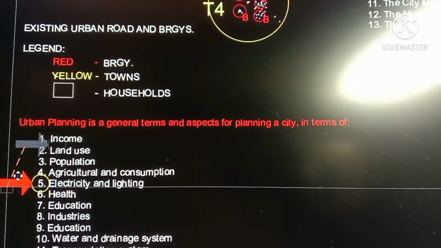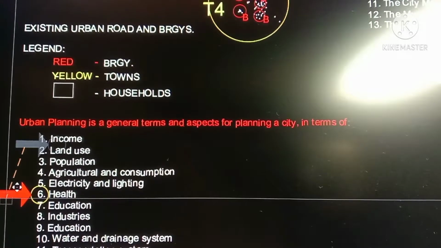A city must have a good electrical system and lighting system for its inhabitants, and most especially for the roads, the small roads, the highways, or the secondary and primary roads, which must be complete with electricity and lighting. The sixth requirement is health.